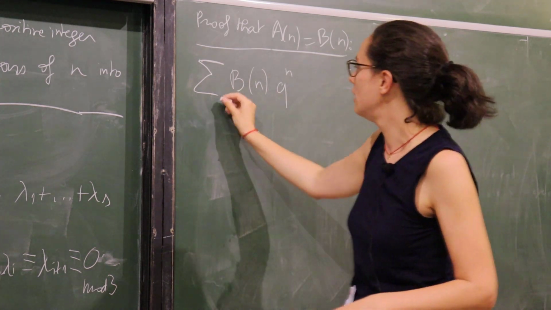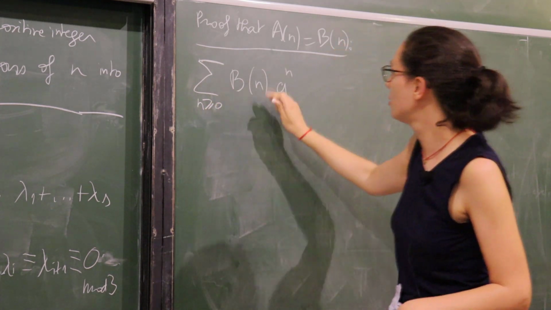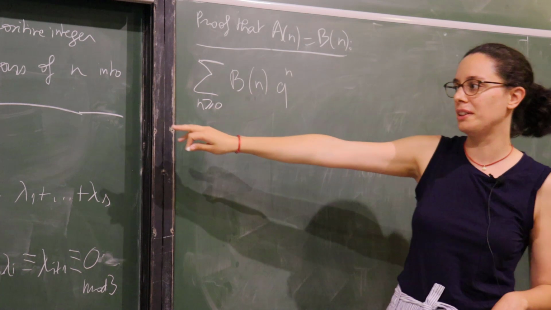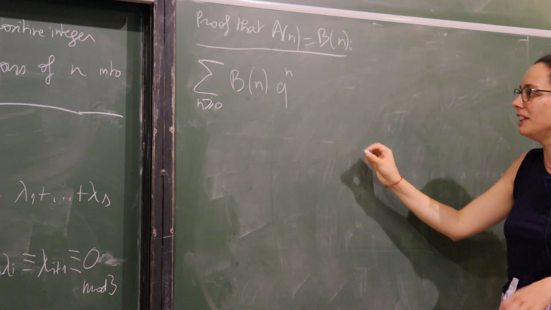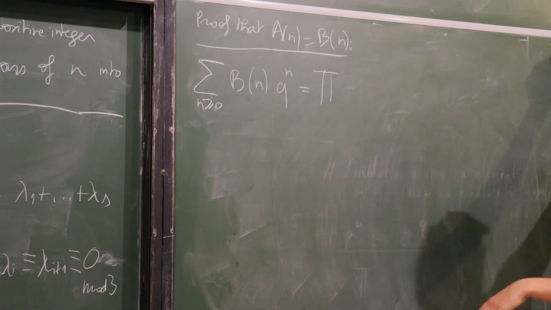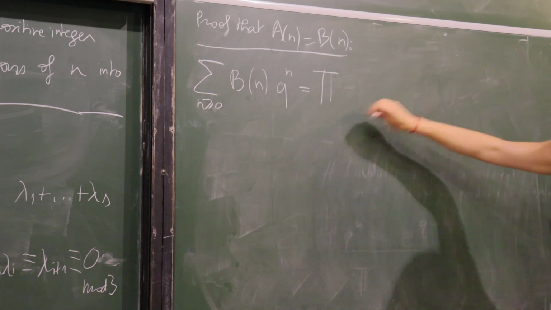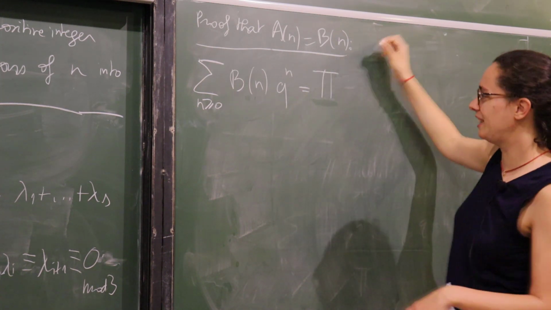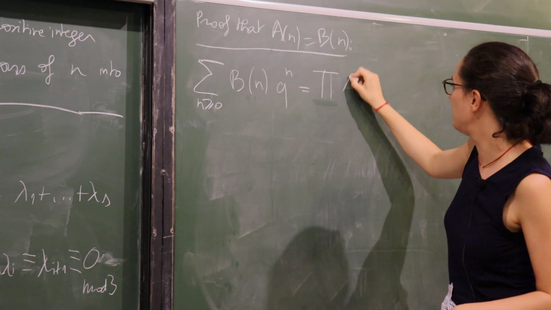So the generating function for partitions into distinct parts congruent to 1 or 2 mod 3, I will write as a product again, not with q-Pochhammer symbols, because I will do some simplifications and I prefer it that way.